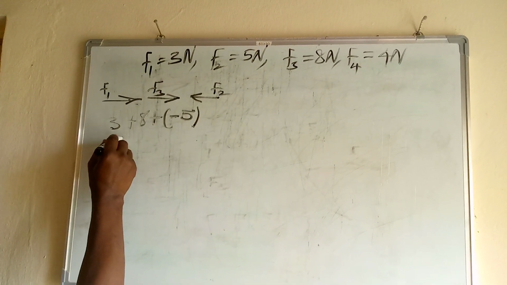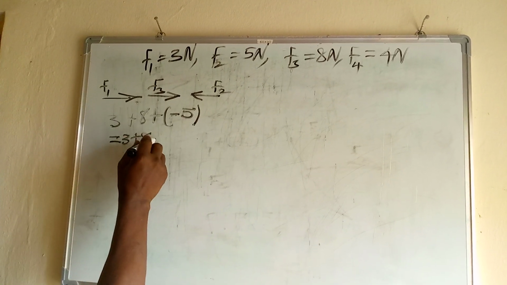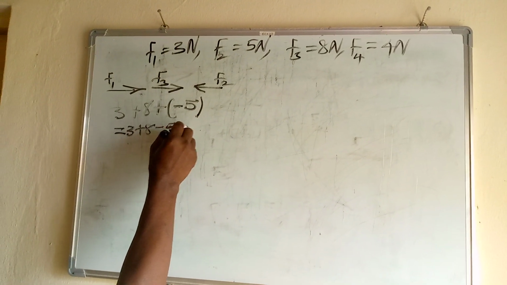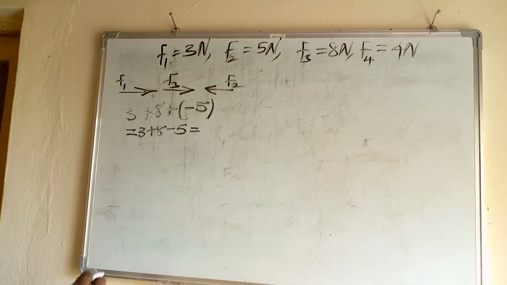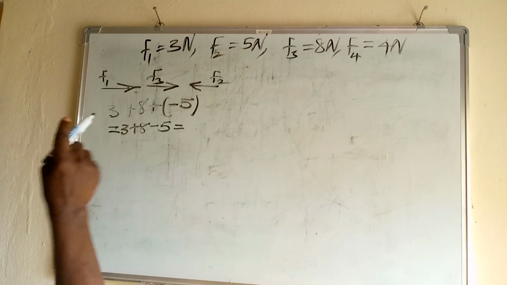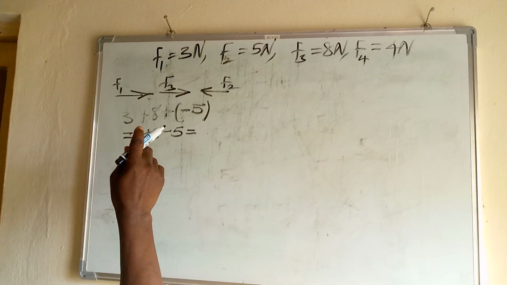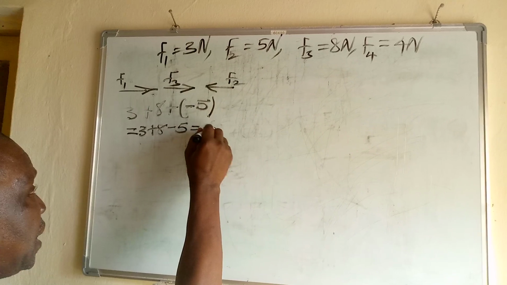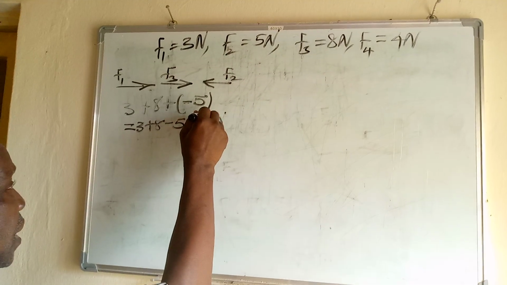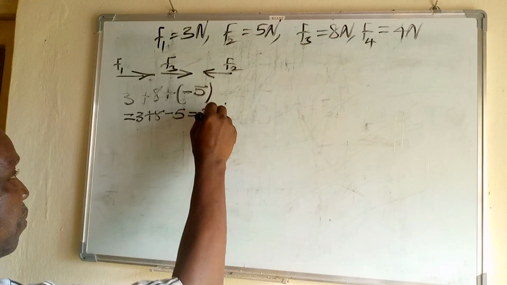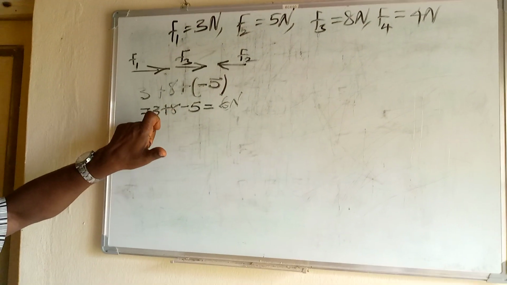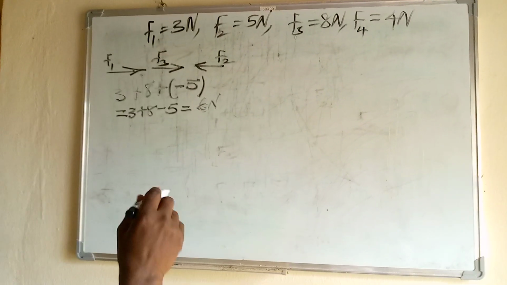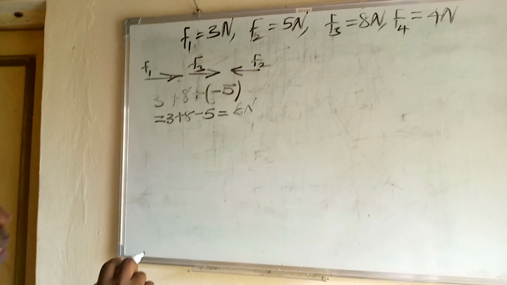Which gives 3 plus 8 minus 5, which is 6, positive 6 newtons. Now, that is finding the resultant. The resultant in this case is 6 newtons.